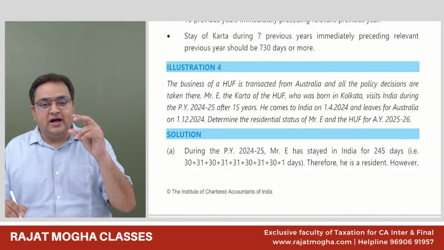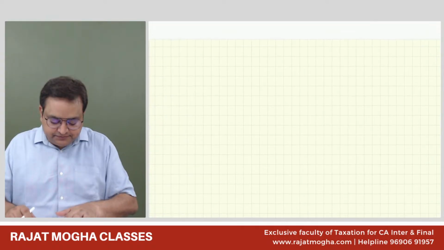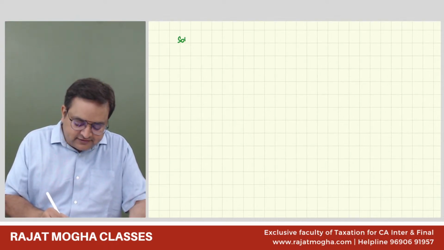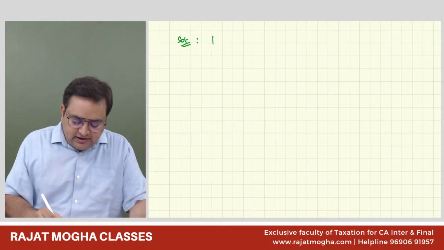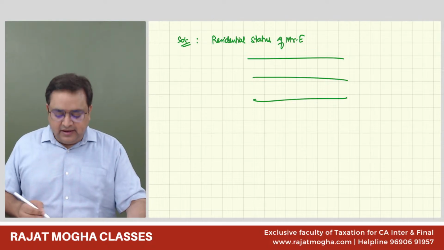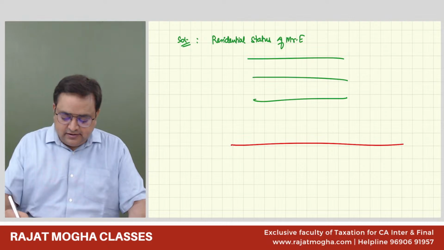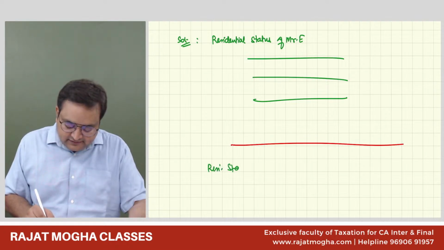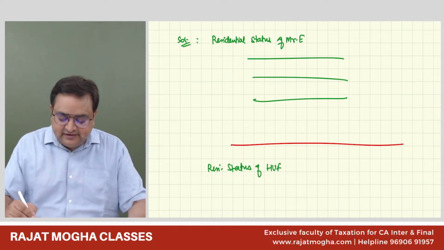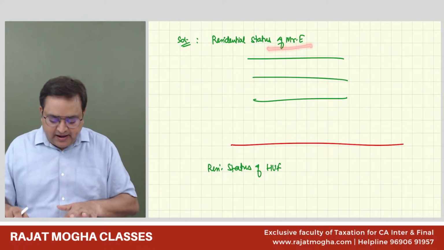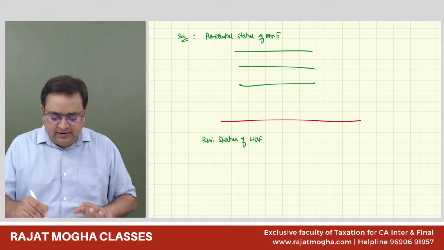I'm not doing it, but I'm just telling you that when you write the solution, first your heading should be residential status of Mr. E. First write everything about Mr. E. Once your answer is complete over here, leave 1 or 2 lines gap and then write residential status of HUF, so that the examiner can clearly identify up till which portion you are determining the residential status of the individual and from where the residential status of HUF is given. Correct? So this is how you should mention.